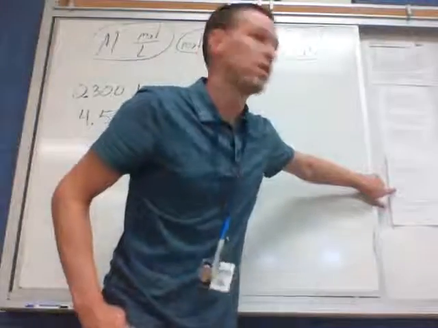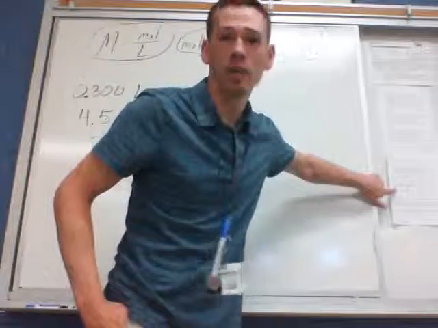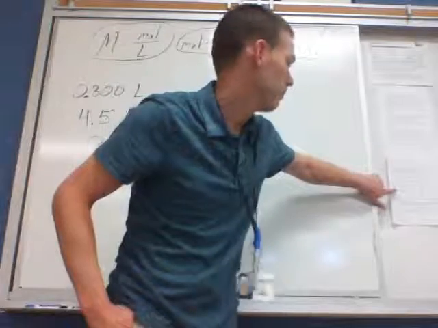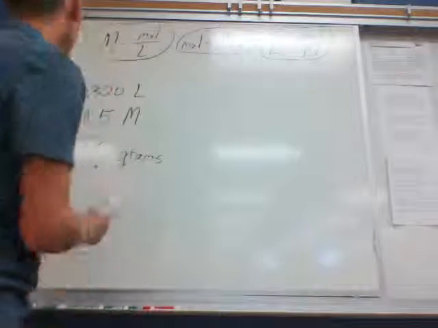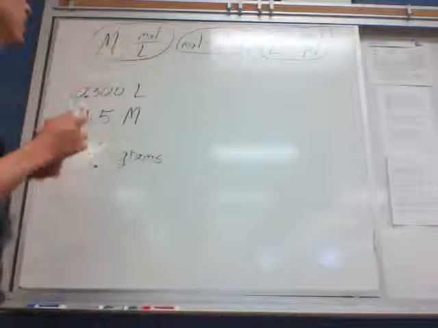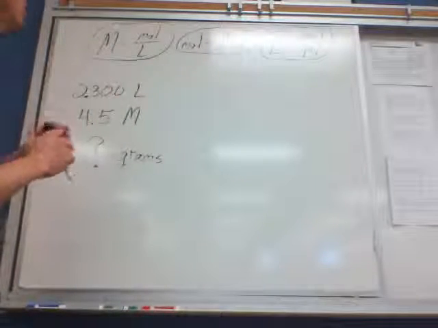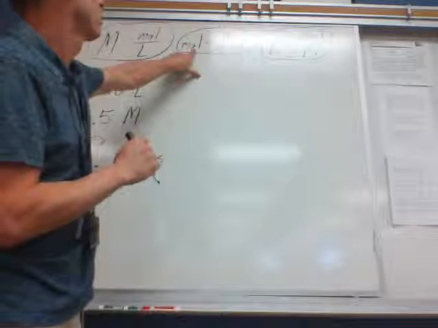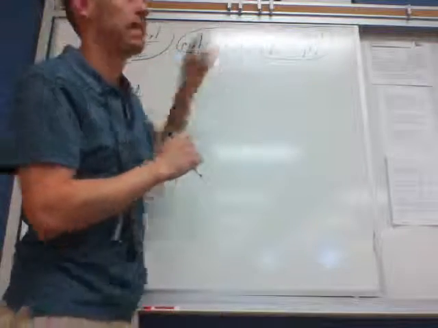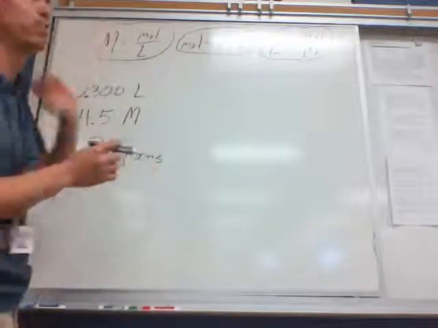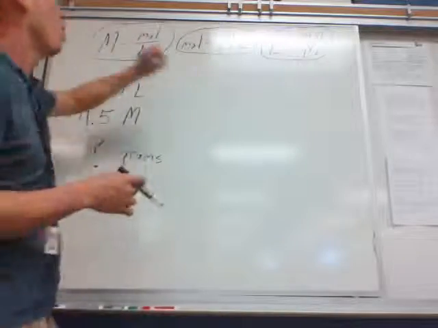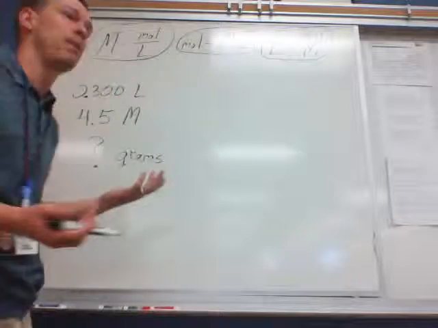Here we go. If grams is the unknown value, reading off the cheat sheet. First, use the molarity equation to find moles. Okay, let's do that. How do you find moles? Molarity times liters. Do you see why these other versions are helpful? You could do it from this if you plug your stuff in, but if you know all three versions of the formula, it makes it easy.